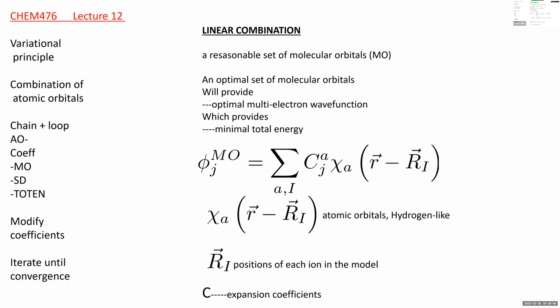So our space where we browse is the expansion coefficients. And our function that we need to minimize is the total energy of the multi-electron wave function. So we slightly change the relative proportions of all atomic orbitals. We slightly change the formulation of molecular orbitals, which affects how the total energy is computed.